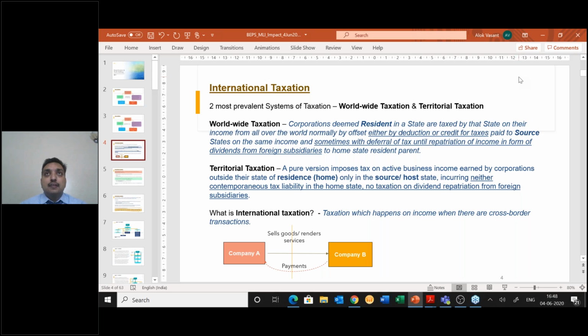So the resident country will only tax income which is generated in its own territory, while the other country will tax income that is generated in the other territory.